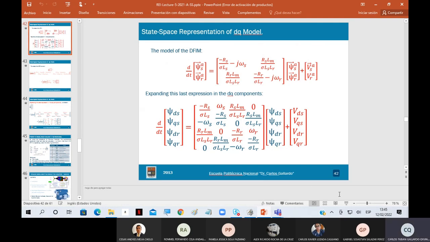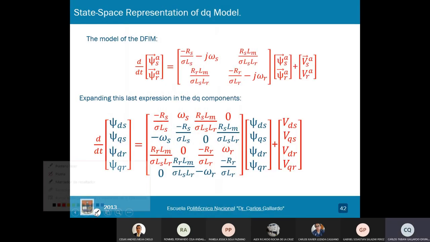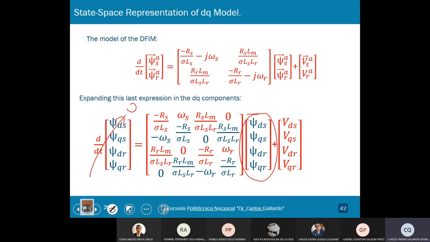If I am analyzing the steady state, this derivative is equal to 0. Therefore, isolating the fluxes here and substituting the values, I will get the fluxes. These voltages are data from the problem.